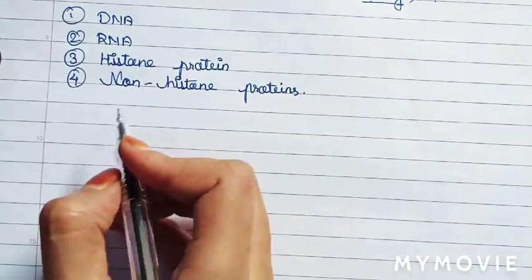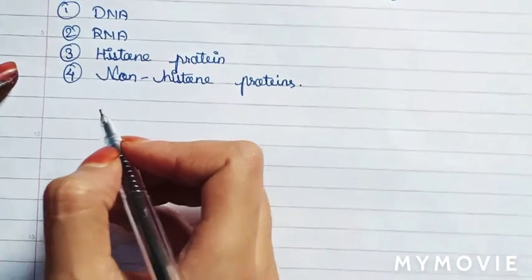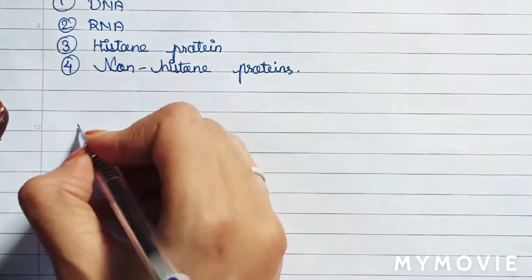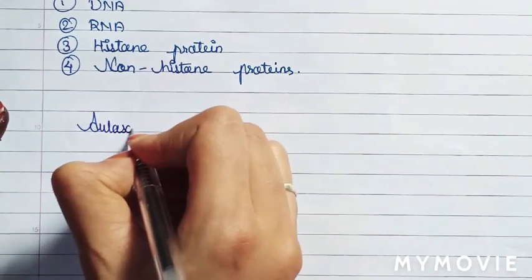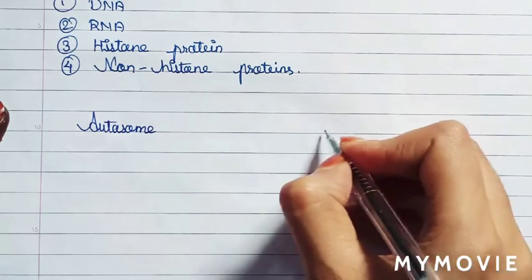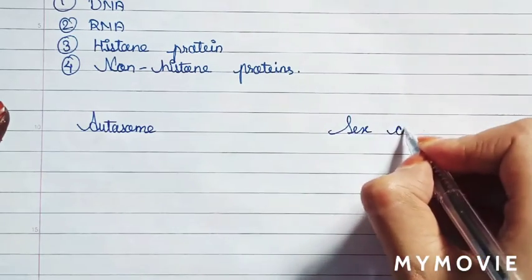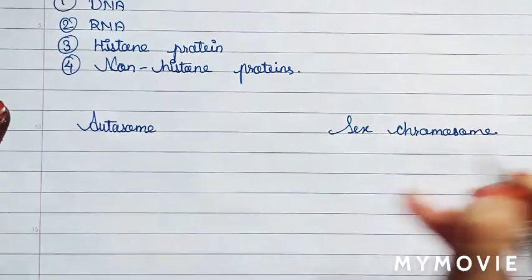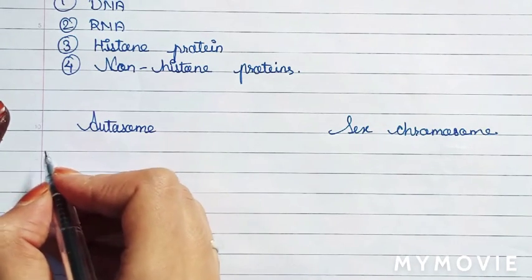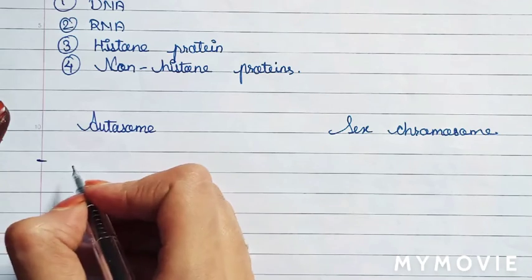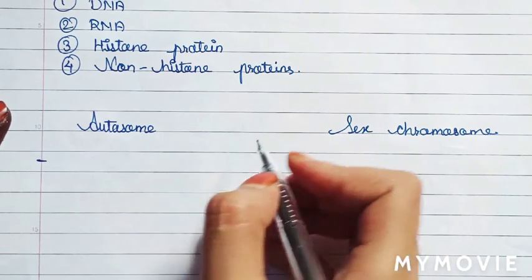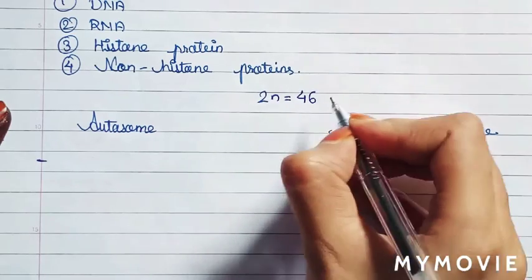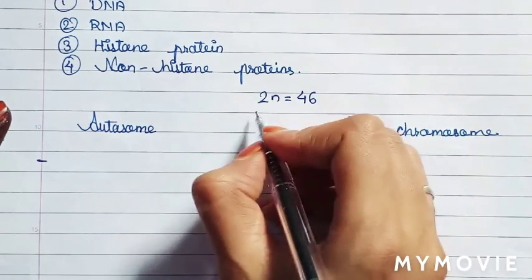Now we will see the two main types of chromosome, that is autosomes and sex chromosomes. So we will talk about autosomes and sex chromosomes. Now autosomes, the first 22 pairs of chromosomes. If we talk about the human, then we have 2n number of chromosomes, means 46 chromosomes. 2n means 46.